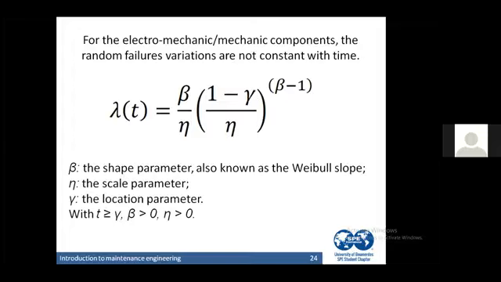It says the probability of having a failure at an instant t equals beta on eta multiplied by (t minus gamma) on eta, power beta minus 1.